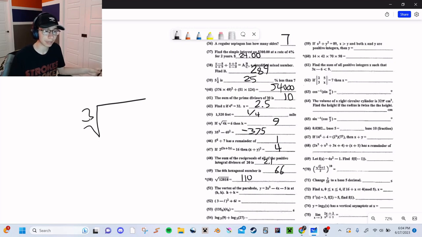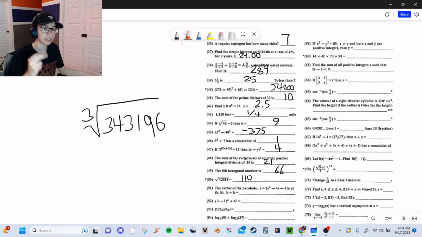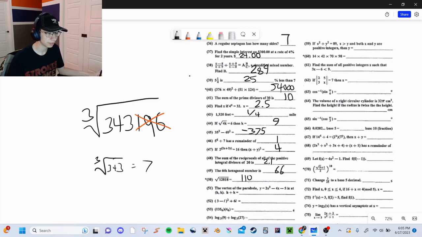If I have a cubic, I'm estimating a cube root of a number. Like, let's say, this. What do you think I would do here? Ignore 3 digits at a time. I'd estimate this cube root, which is like 7.